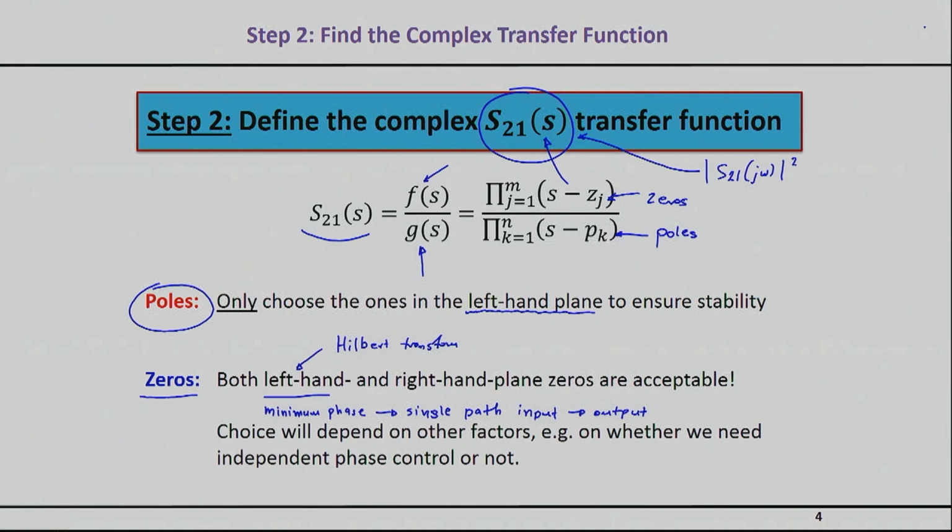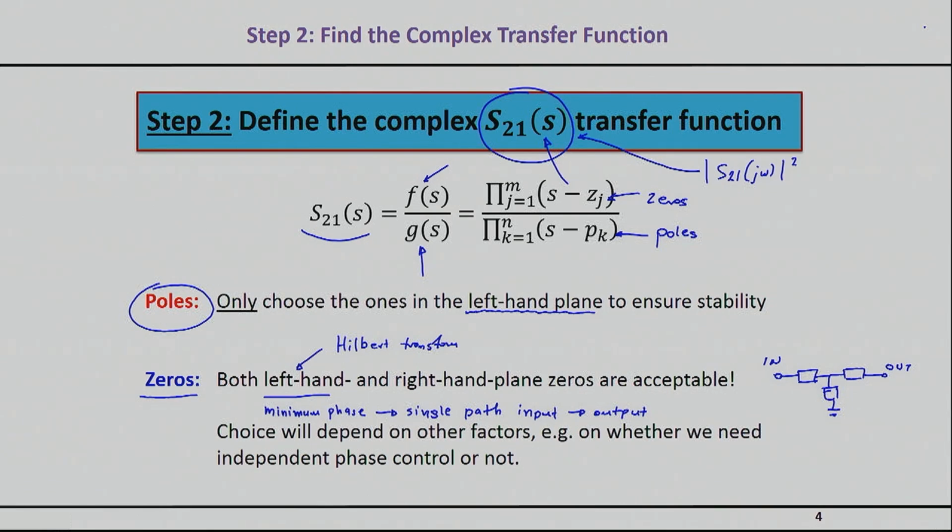So can I give you an example? Yes. For example, if I synthesize a ladder network, so here's a ladder network, I'm only going to include 3 elements. Here's the input, here's the output. There's only a single path for the input to go to the output. That's minimum phase.